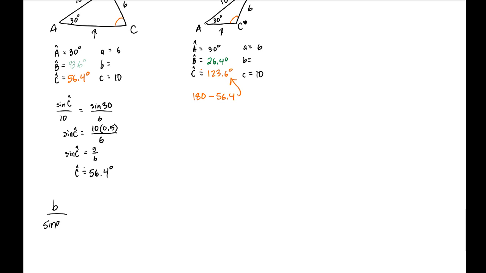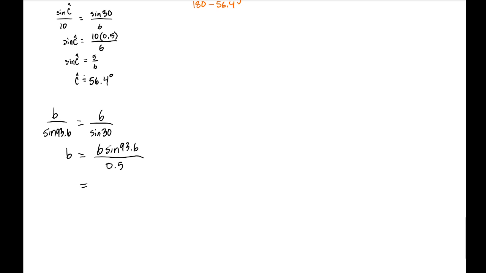B over sine 93.6 is equal to, and I'm just going to take 6 over sine 30 because I know sine 30 works out nicely. B is equal to 6 sine 93.6 over sine of 30, which is 0.5. So 6 sine 93.6.